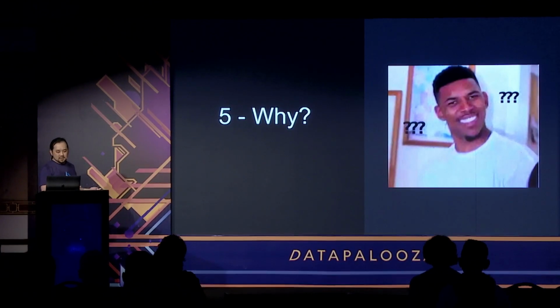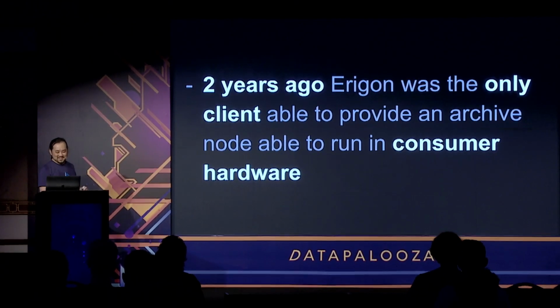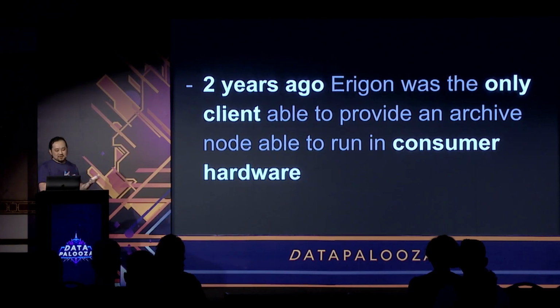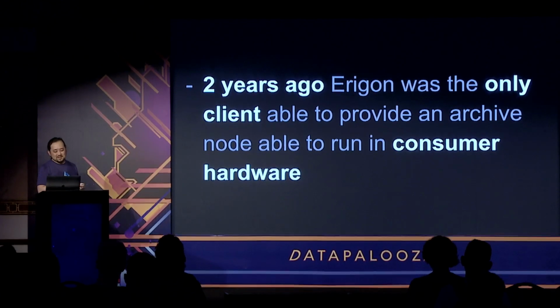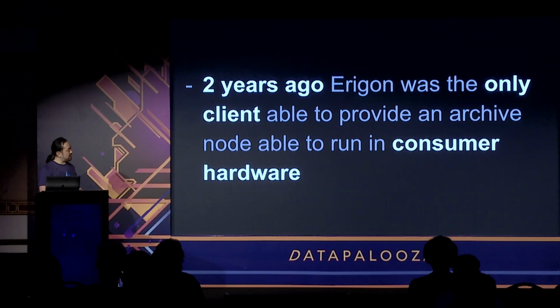Why did we do that? Well, just a quick pause. Does everyone know what Erigon is? Okay, I guess so. Well, Erigon is an Ethereum client like any other, but long answer short, Erigon is specialized in archive nodes. And 2 years ago, when I started my project, Erigon was the only client able to provide an archive node that anyone could run on consumer hardware.